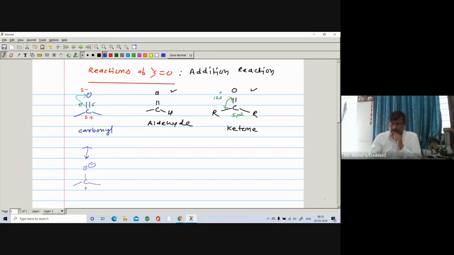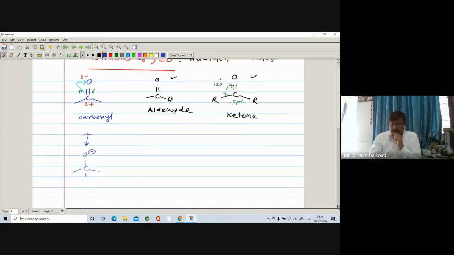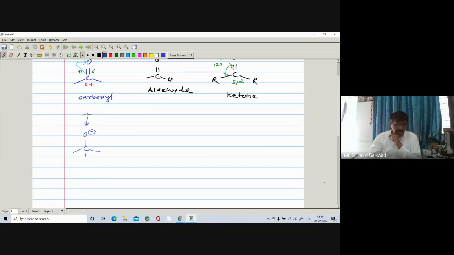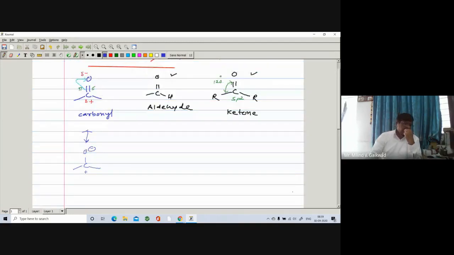Now, next one. Here you have seen aldehydes and ketones. When one of the valencies of the carbonyl carbon is satisfied by hydrogen, it is called an aldehyde. And when both valencies are satisfied by R groups, it is called a ketone.